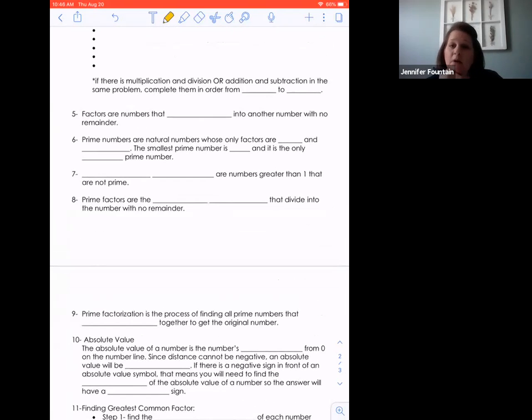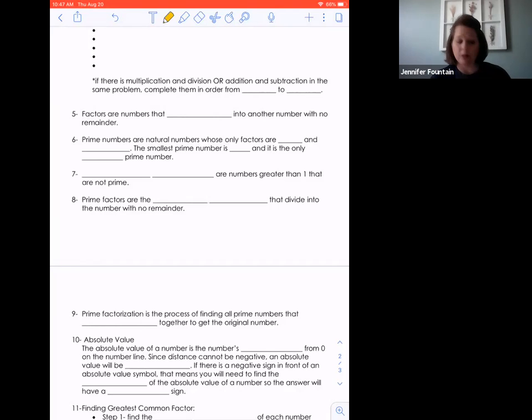When we talk about prime numbers, their only factors are 1 and itself. Composite numbers are all the other ones. We learned that our smallest prime number is 2, and that is our only even prime. Prime factorization is the process of breaking a number down into prime factors. Okay.